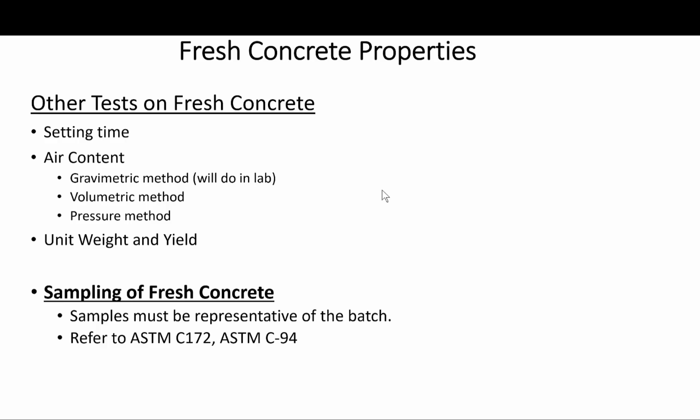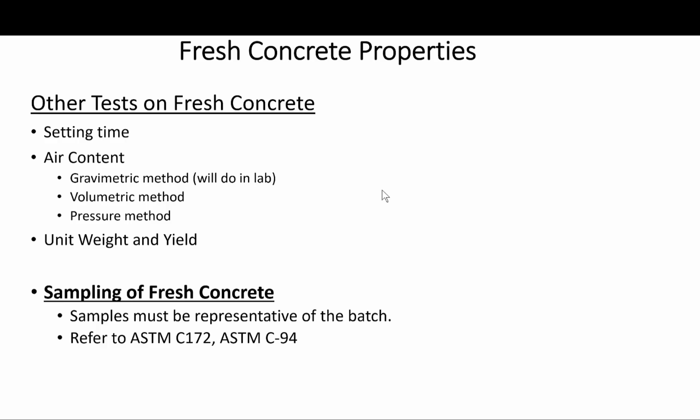Of course, sampling, no doubt, will impact the results of the testing and the consistency of the testing. As we have to keep in mind, concrete is a manufactured material, made from cement, aggregate, water, and admixtures in some cases. All of these ingredients are subject to variation, both in quantity and quality.